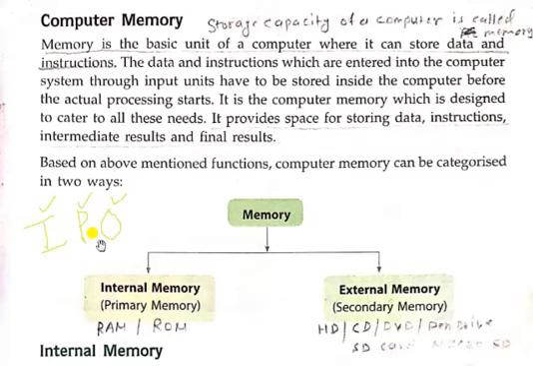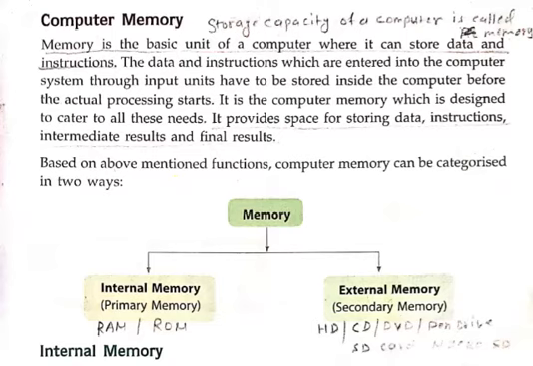This is the main function of computer. Now we require an input device like mouse, keyboard to give input to the computer, a processing device CPU to process, and an output device monitor to display or get the output.